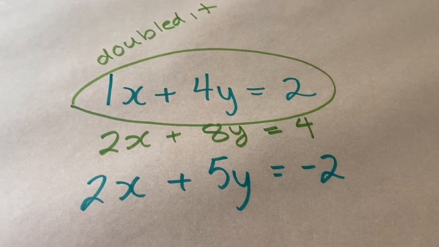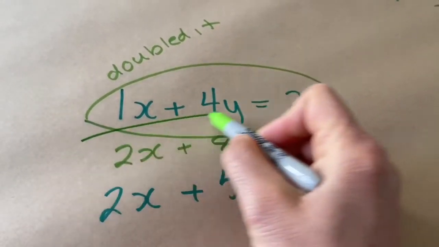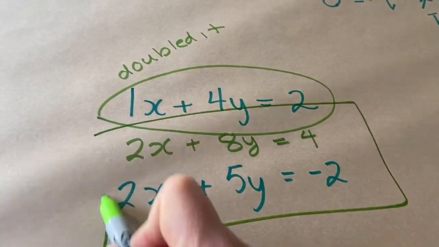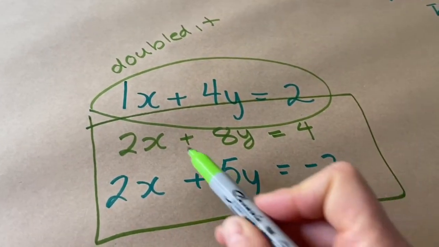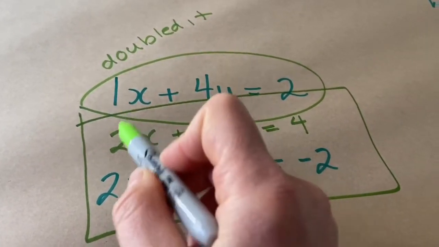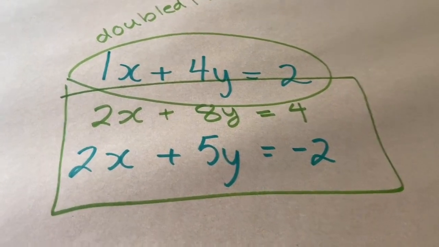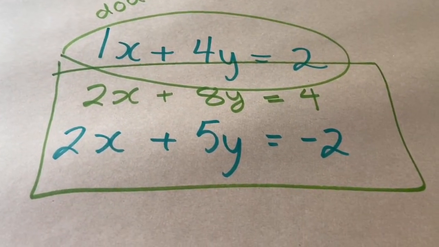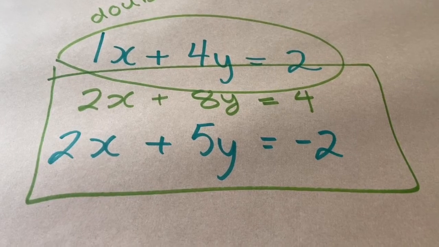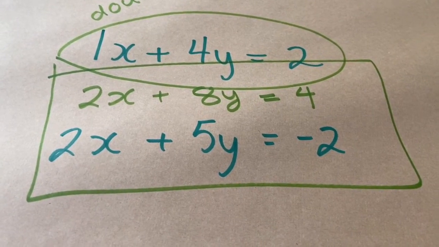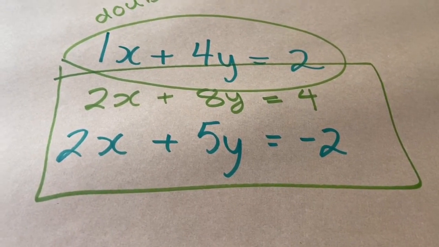Okay, now we notice that we've got something that's much better. We've got these two equations, and they both have the same coefficient in front of the x. So now we need to decide, should I add those two equations or should I subtract those two equations to do elimination, to remove one of the variables?